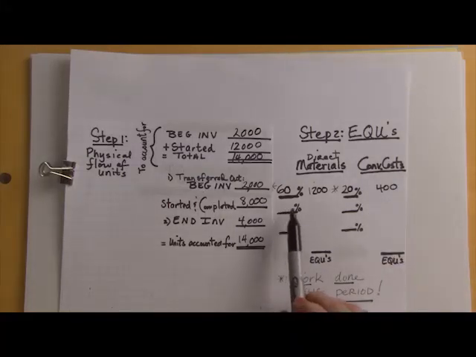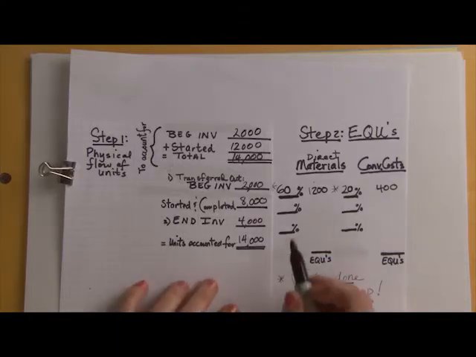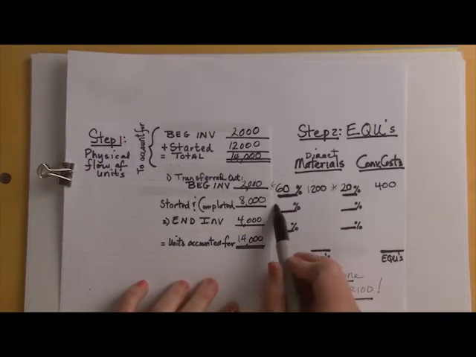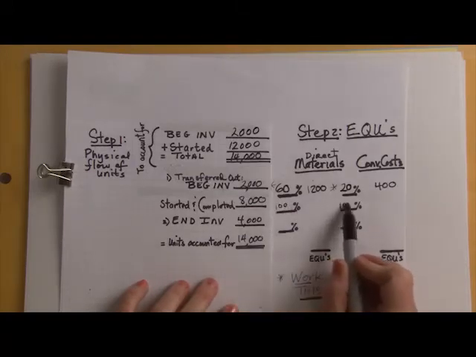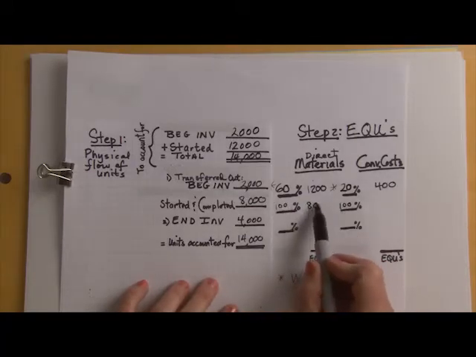Again, I'm taking the percentage that they give me that tells me that beginning inventory had X percent of work done last period, and I'm finding how much work had to be done to get the units completed and transferred out this period. Started and completed, we understand that 100% of the work was done this period because we started it and we finished them.